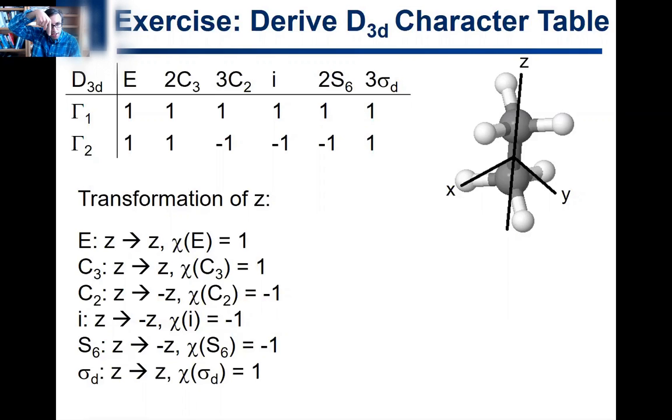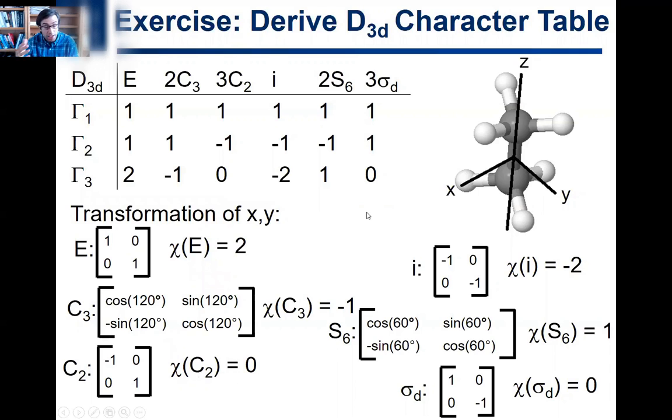That does nothing to the Z vector, but then we're flipping it with a sigma h. That turns it into negative Z. So overall, Z goes to negative Z, character of negative 1 right there. And then sigma d, those are in the plane that contains Z, so that's not going to do anything, so we get a 1. So that's how we get a Z character.